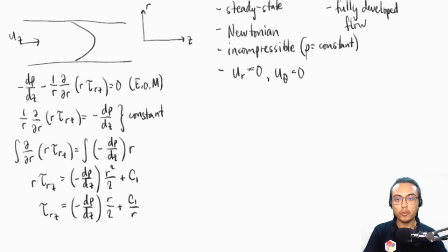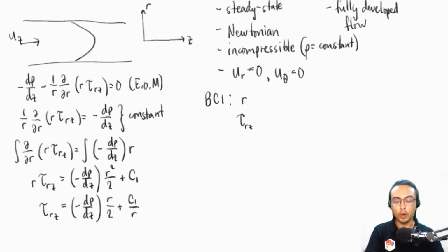Now at this point, we first need to determine the value of c1 before we can proceed. And we can do that by setting a boundary condition. The appropriate boundary condition in this case would be to set a value of r and then determine what should be the value of tau rz for that particular value of r so that we can determine the value of c1. So let's try to use the conditions at the middle of the flow.